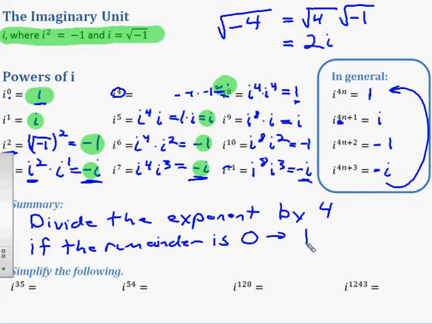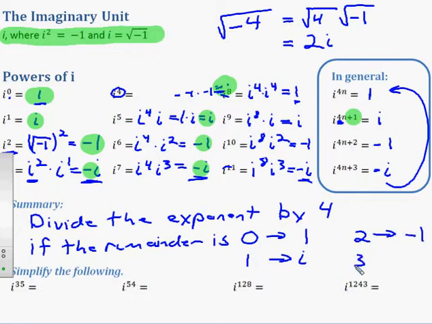If the remainder is 1, so that's like up here, and remember we're dividing the exponent by 4, if the remainder is 1, we get I. If the remainder is 2, we get -1.